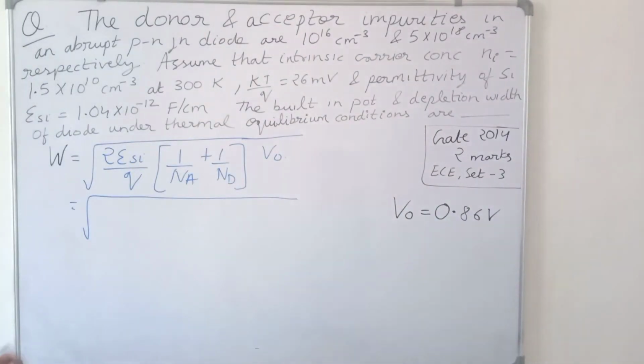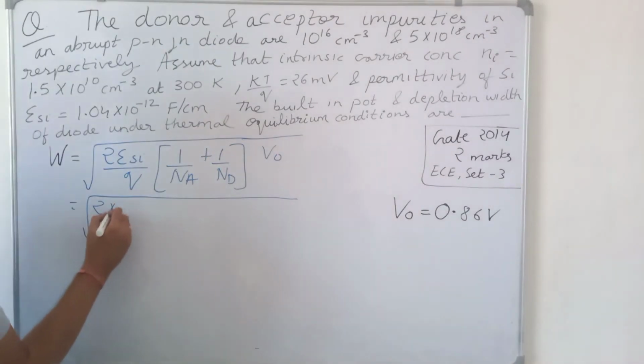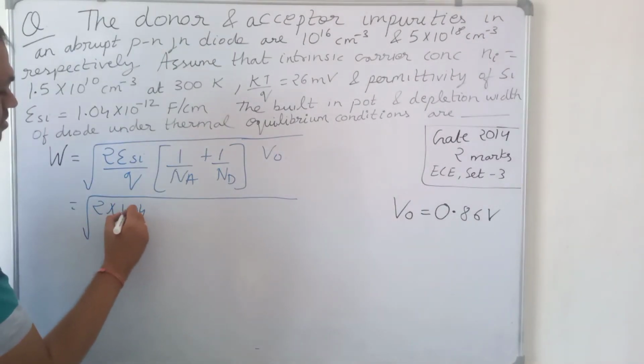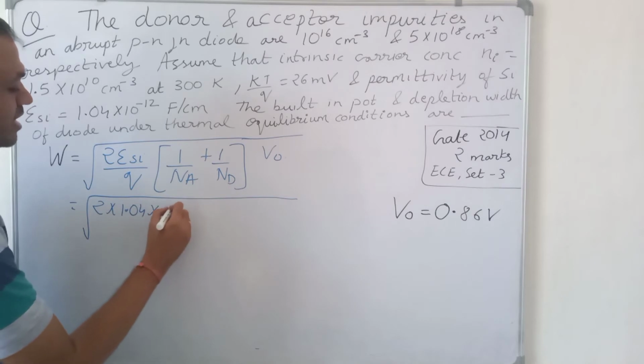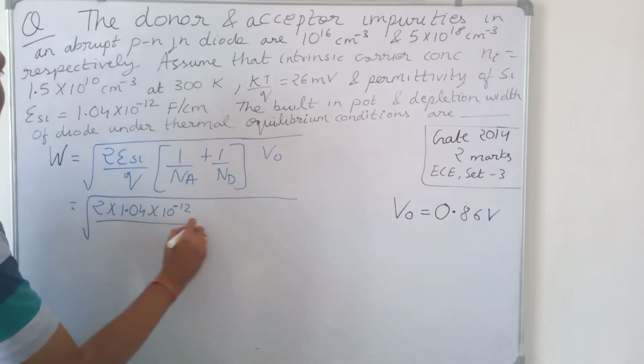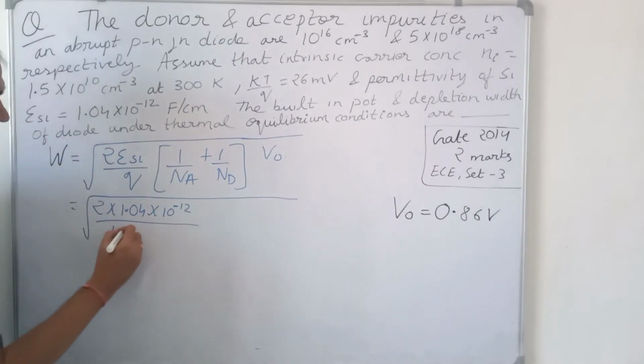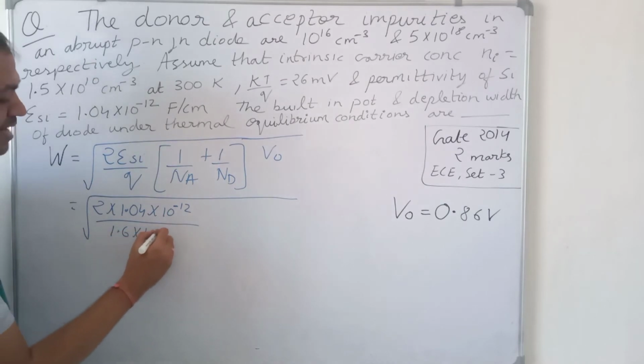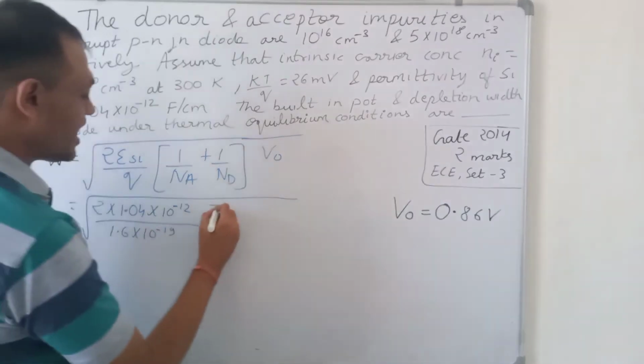That epsilon Si is equal to 1.04 into 10 to power minus 12, so 2 into 1.04 into 10 to power minus 12 upon 1.6 into 10 to power minus 19, and 1 upon Na.